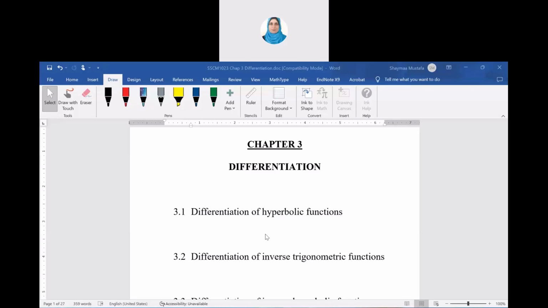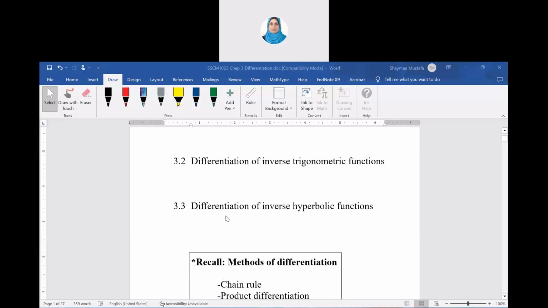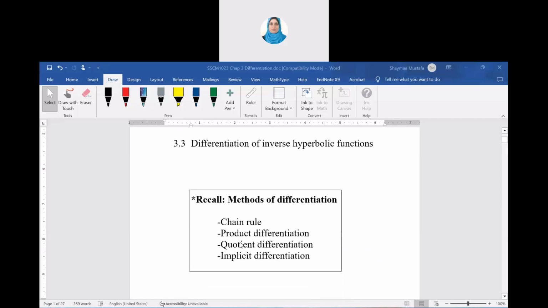In this chapter, we need to know how to find the derivative of these functions: the derivative of hyperbolic functions, the derivative of inverse trigonometric functions, the derivative of inverse hyperbolic functions. And we need to review some basic rules for derivatives: how to find the derivative for the product of two functions, the division of two functions, the chain rule, and the implicit derivative.